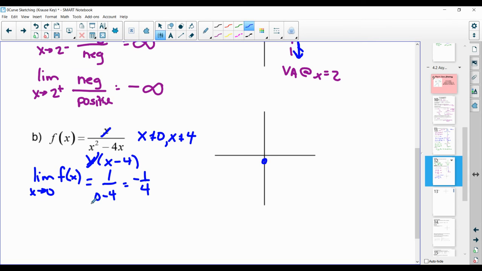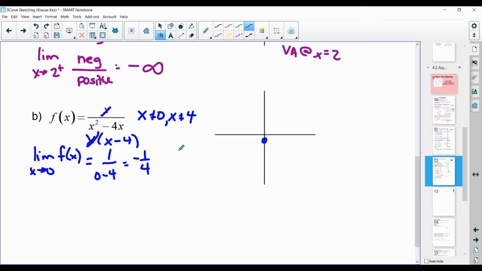All right, so let's look at the other part that hasn't canceled out. When this is reduced, we end up with a function that is 1 over x minus 4. And so we're going to have to look at the limit from both the left-hand side and the right-hand side. And so the limit as x approaches 4 from the left-hand side gives us 1 over x minus 4.